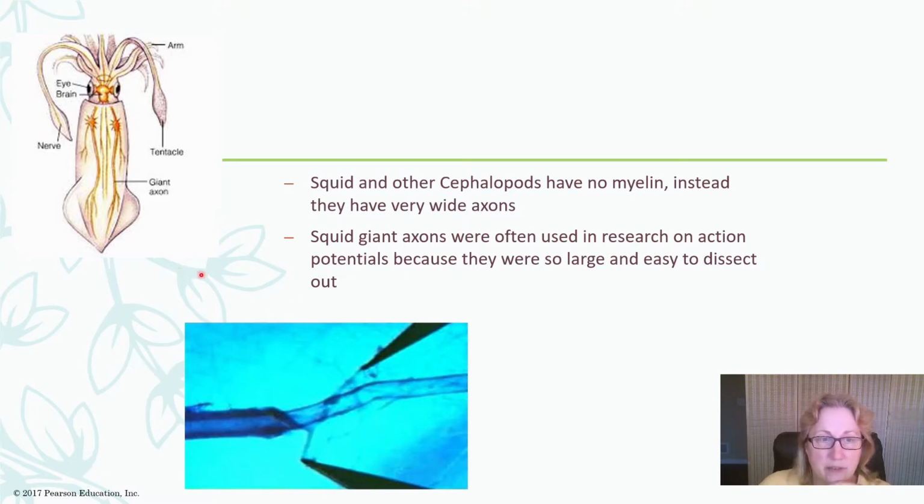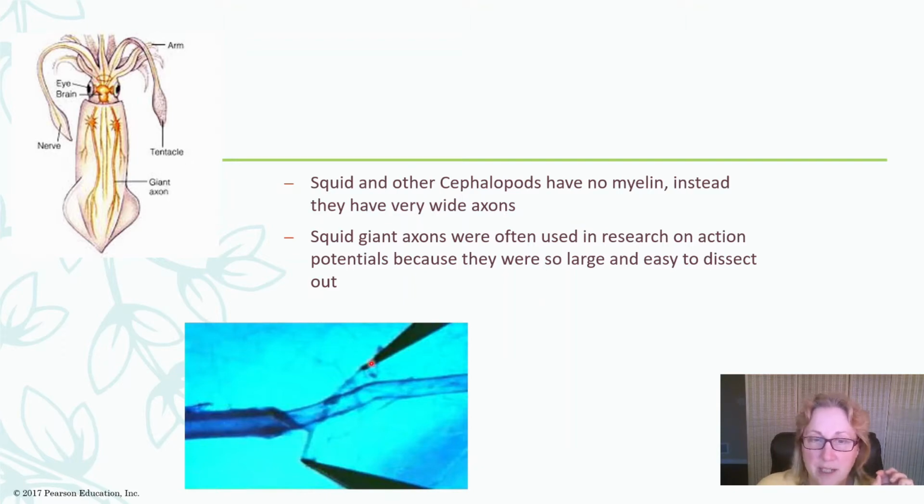In squid and cephalopods, they have the widest axons that are known, and in fact, a popular physiology lab, probably still is, to dissect out this axon from a freshly killed squid, and you can actually put electrodes in it and measure the membrane potential, measure the action potential when it happens, and it's pretty cool because they're so large.